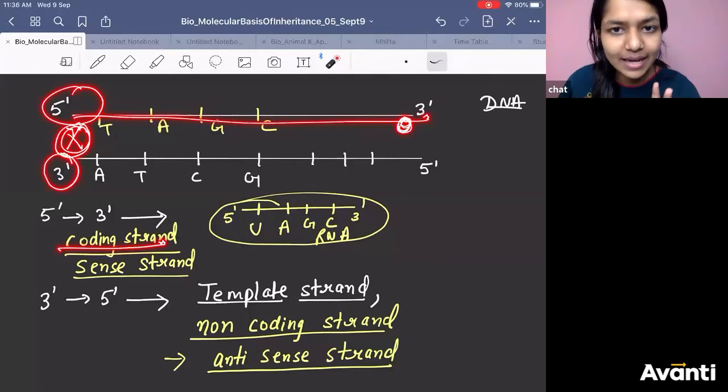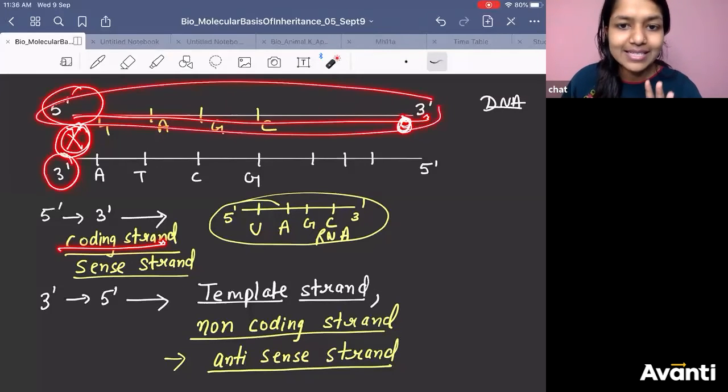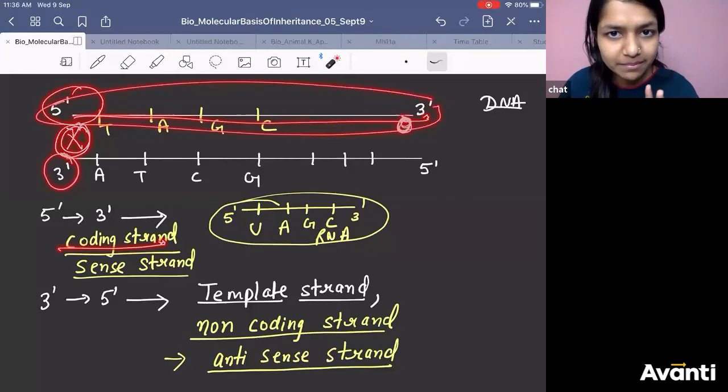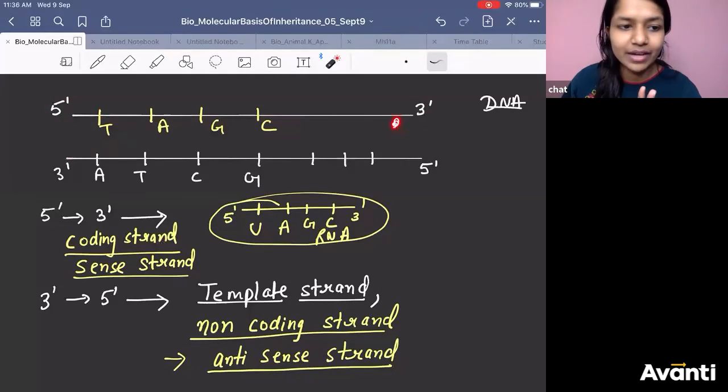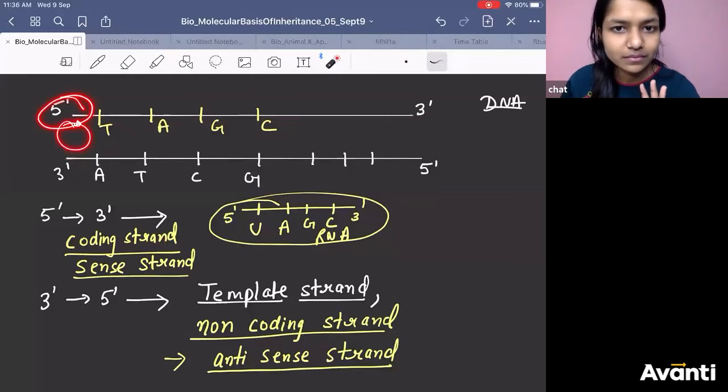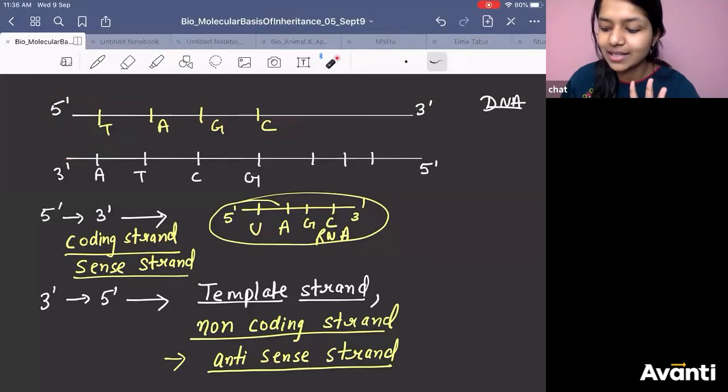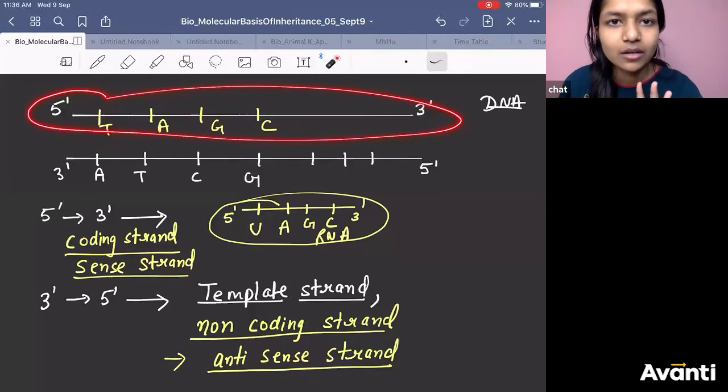Naming is always done based on the coding strand. So if I say something is present at 3' in case of transcription, it means it is present somewhere here. If I say something is present at the 5', it means it is present somewhere here. Always the nomenclature is done on the basis of the coding strand.